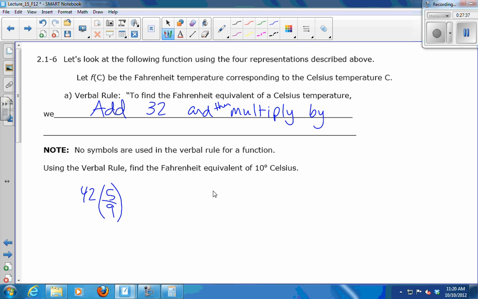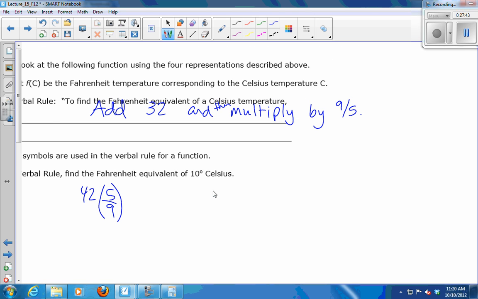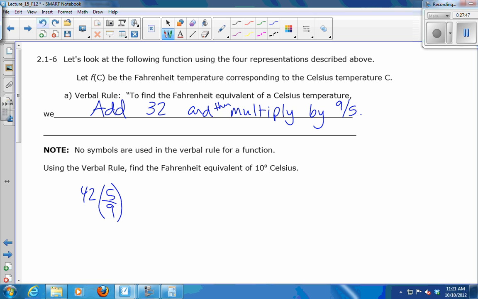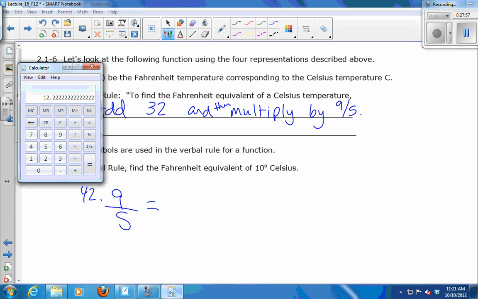So we had the opposite direction. Okay, 42 times 9/5 is 75.6.